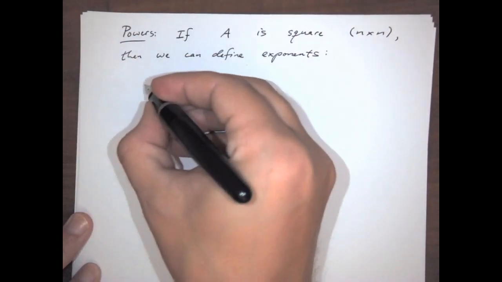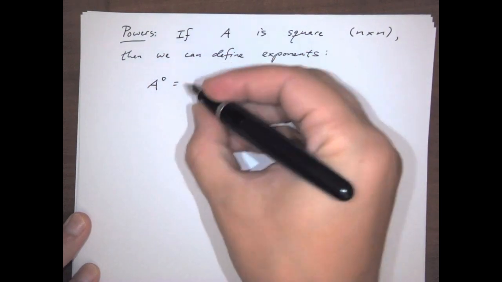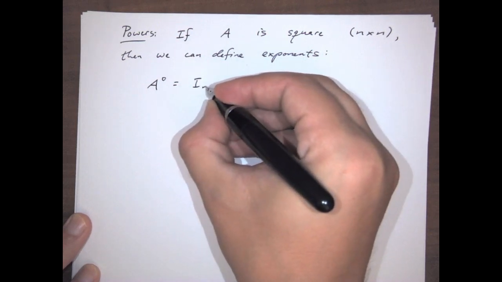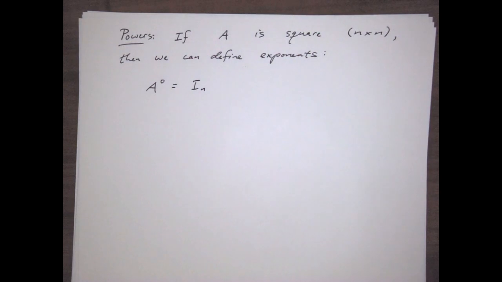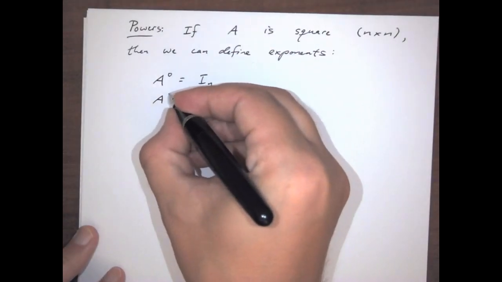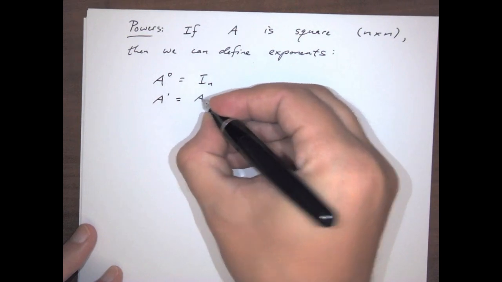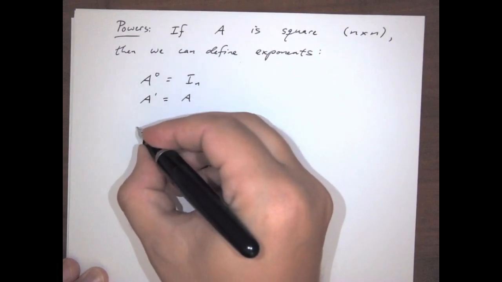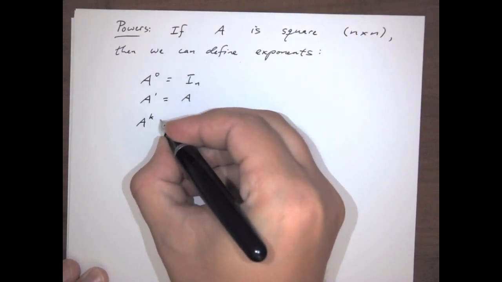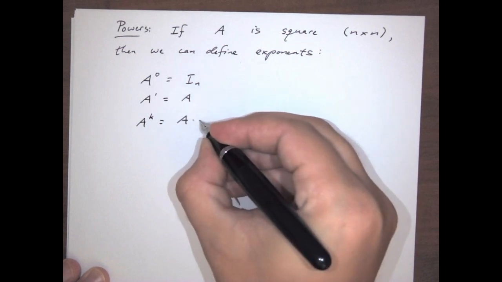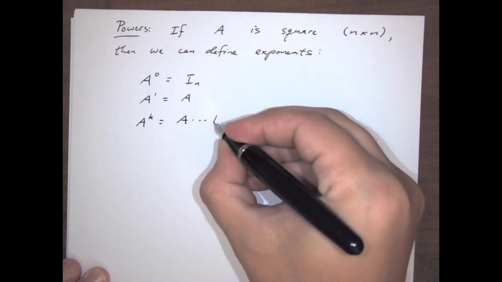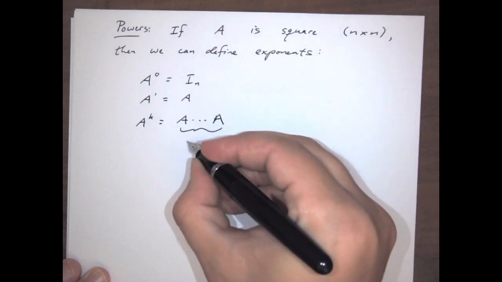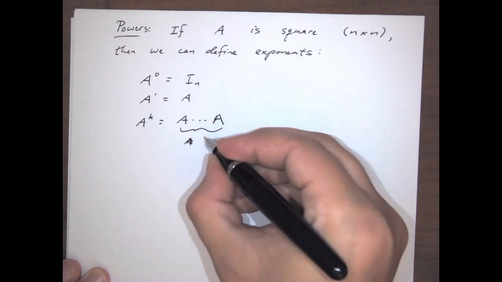We can say A to the 0 is just going to be the identity matrix, the N by N in this case. A to the 1 would just be A. Notice these are just like with numbers. And then other than that, A to the K is equal to A times itself, K times. K copies.